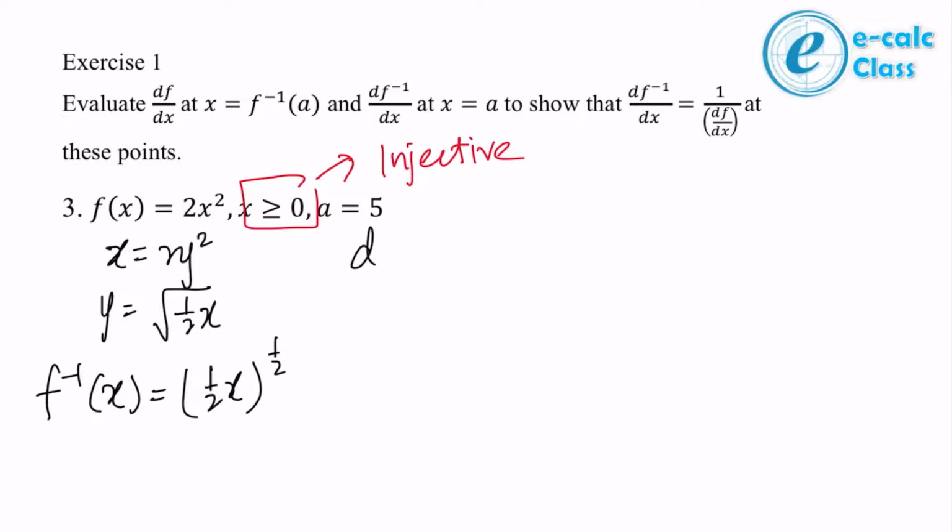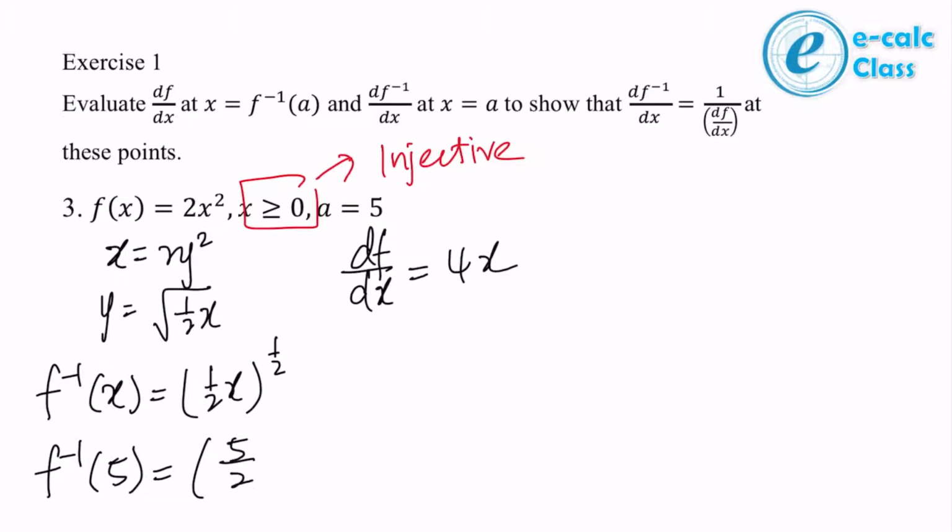Anyway, differentiate, bring down the power, minus 1. Okay, then we need to find this value. f inverse of 5 is (5 over 2) to the power half.